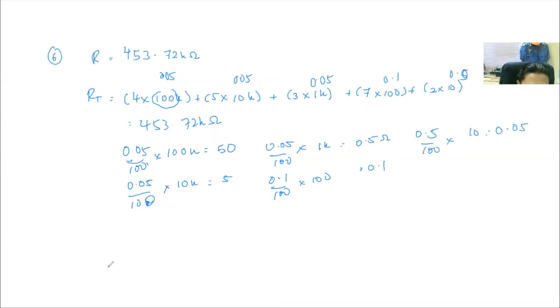From these values we can substitute. For example, 4 multiplied by 50, plus 5 multiplied by 5, plus 3 multiplied by 0.5, plus 7 multiplied by 0.1, plus 2 multiplied by 0.05.